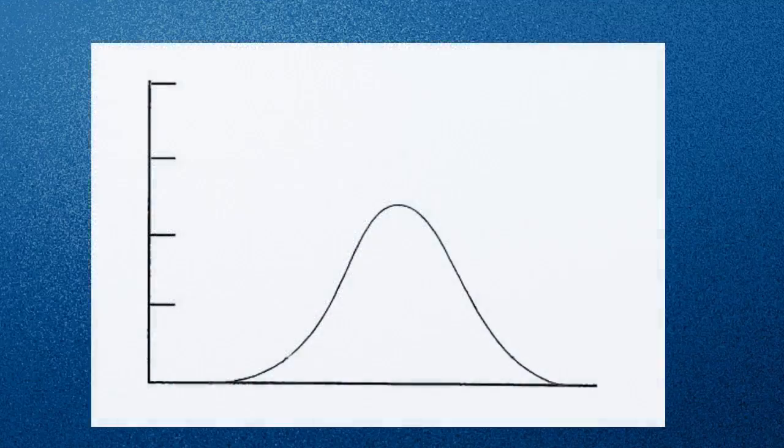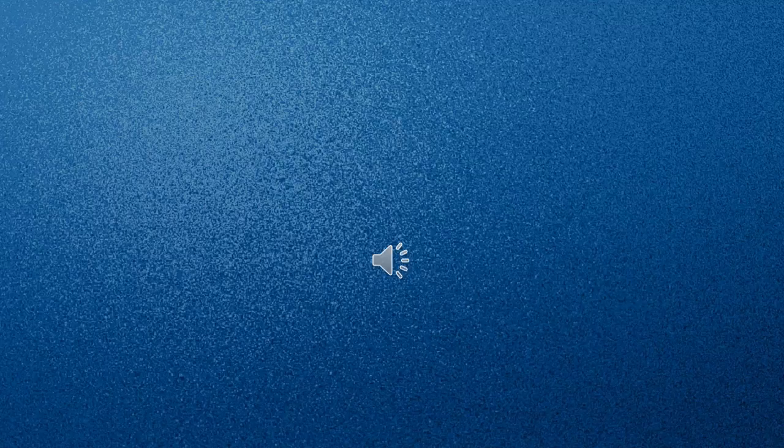To draw the normal curve, you have to construct a bell-shaped curve like this. Always remember that when you are drawing a normal curve, the middle always starts with 0, and the values to the right of 0 are positive and the left side is negative.